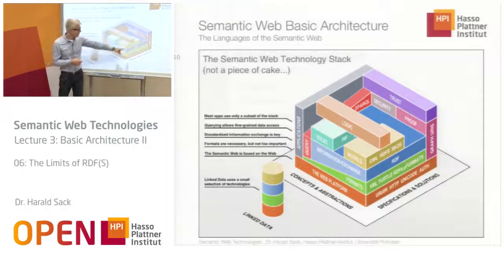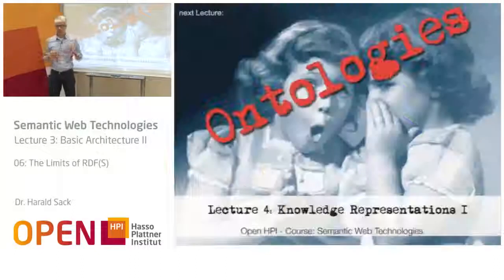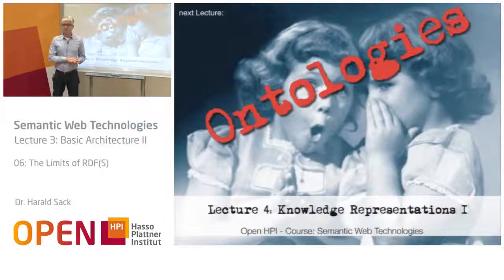So we are here in RDF and RDFS, and what we have to look at is OWL to create more complex models, and we have to use logic and rules, on the other hand, to express more complicated facts and more complicated restrictions. And we will do that in the next lecture. The next lecture then starts the new part on knowledge representation, where we will deal with ontologies.